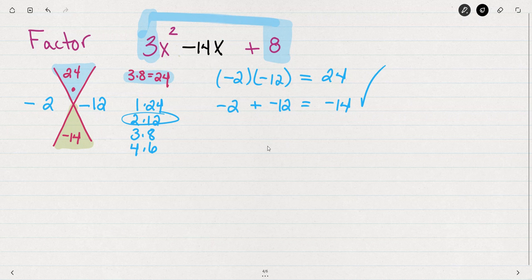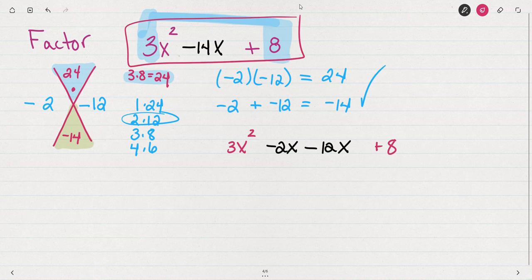The negative 14x is negative 2x minus 12x. And I'll carry down this 3x squared and plus 8. So you see I've got my original polynomial, the 3x squared minus 14x, broken as 12 and 2, plus 8.